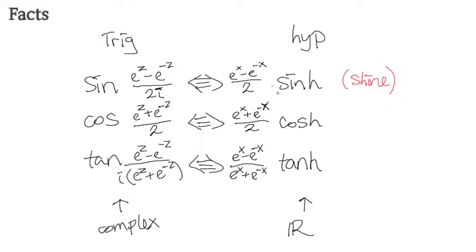So in this case, z would be corresponding to sine of a complex, cos of a complex, tan of a complex, whereas this would be corresponding to sinh x, cosh x, and tanh x. So that would be what this algebra means.